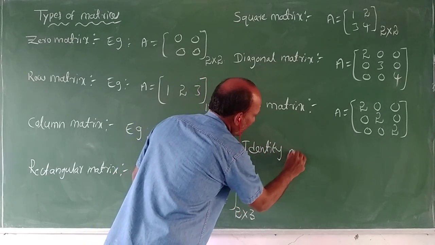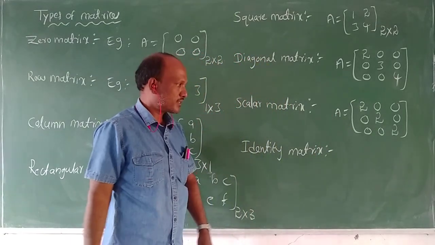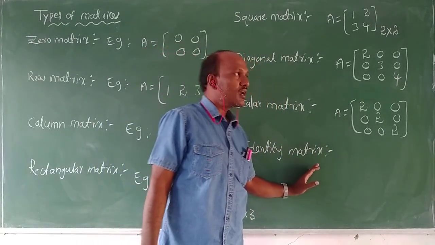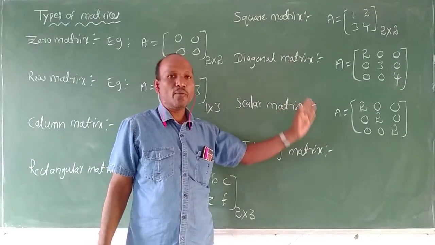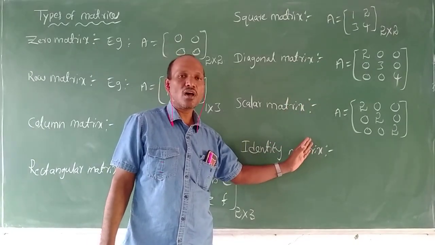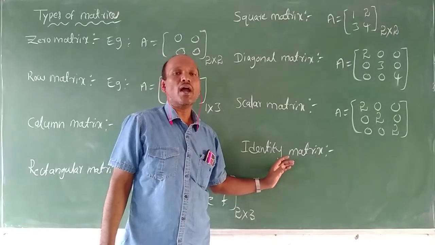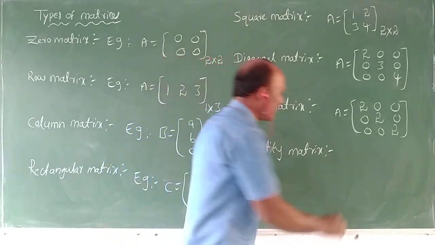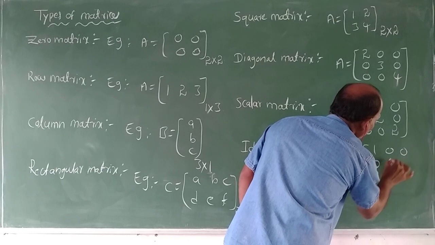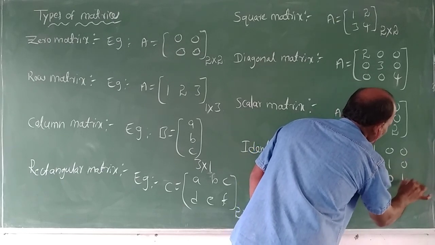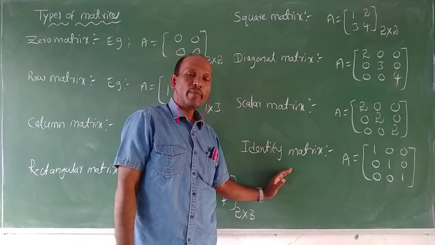Next, identity matrix. Okay. It is a diagonal matrix.